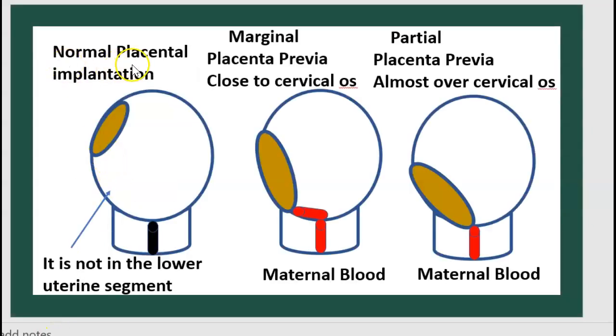Here is the normal placental implantation. It is not in the lower uterine segment. The lower uterine segment is free in normal placenta implantation. From the marginal, because Placenta Previa is close to the cervix os.